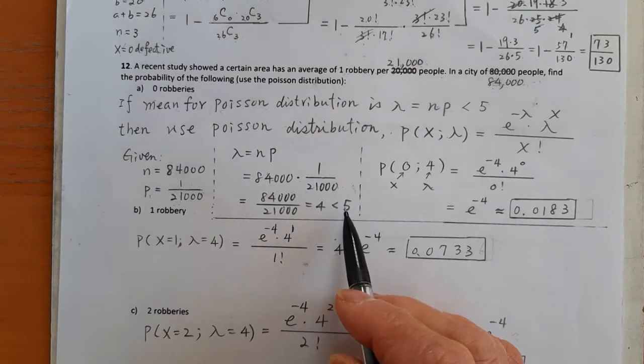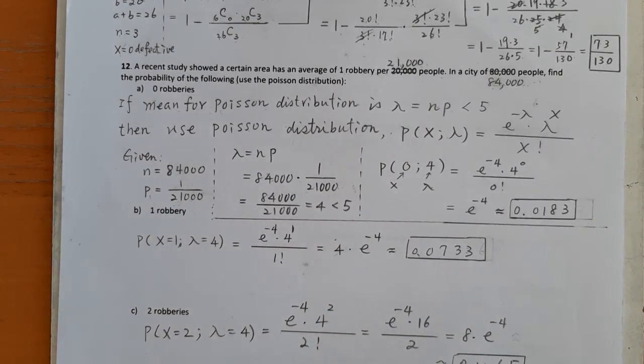And this 4 is less than 5. Use Poisson distribution instead of binomial distribution. If you use binomial distribution, this question is very hard to do with the binomial formula or the table, because n is big and probability is very small. The binomial table won't have those with n very big and p very small, so we cannot look at the tables.